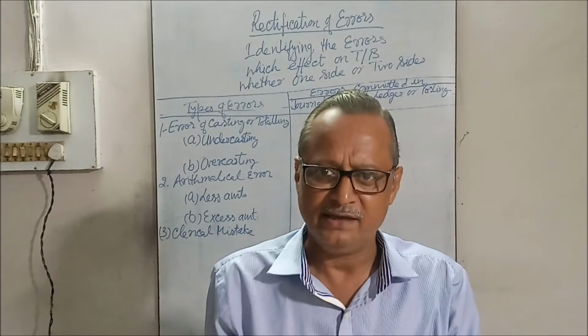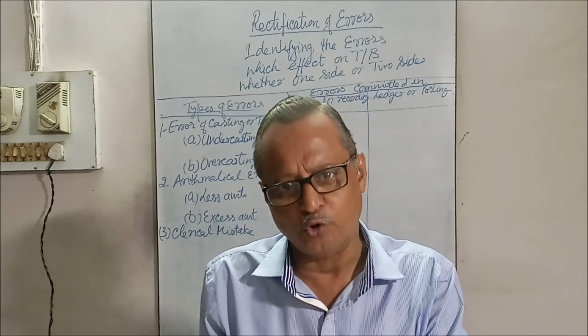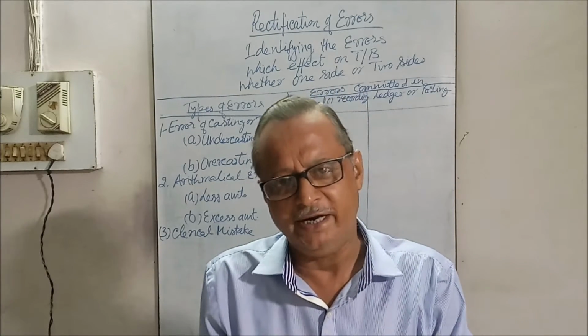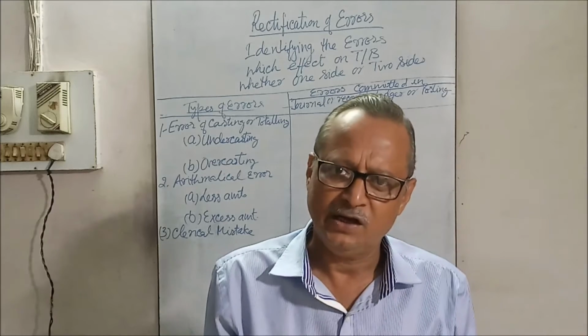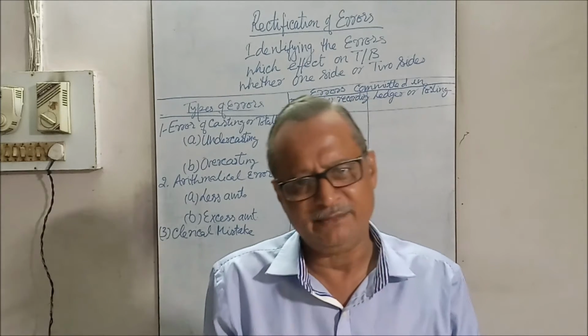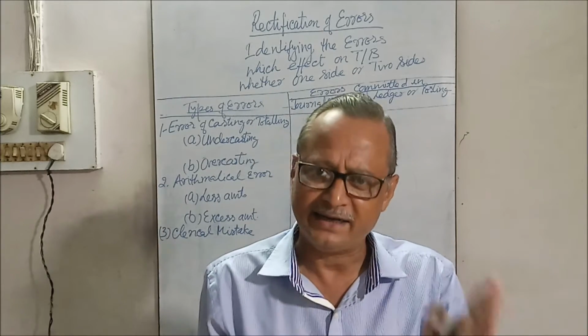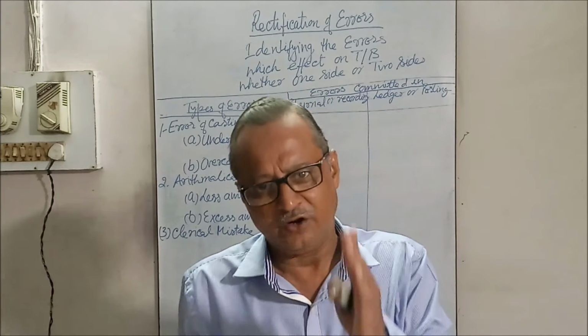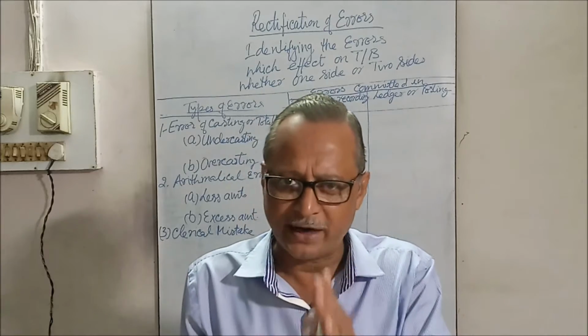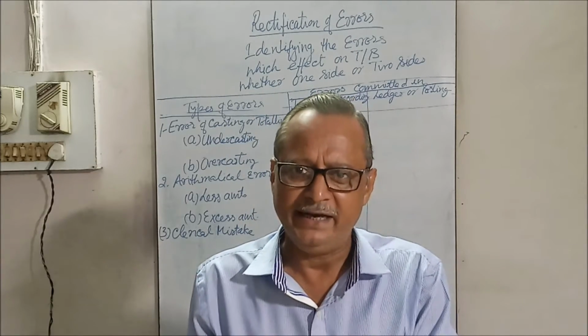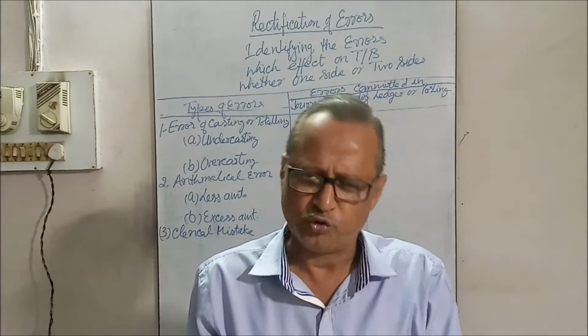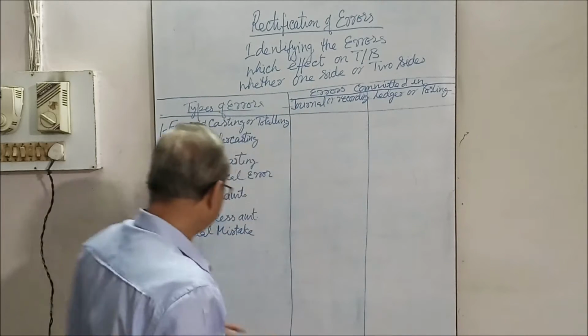While posting, if it should be posted to the debit side but wrongly it is posted in the credit side, or posted to the credit side but posted in the debit side. This is the wrong side of the correct account. And wrong books here means if you wanted to write in the purchase book, wrongly it is written in the sales return book. Usually it happens.